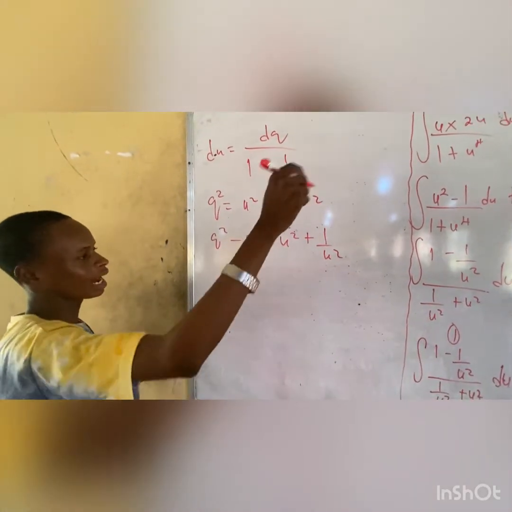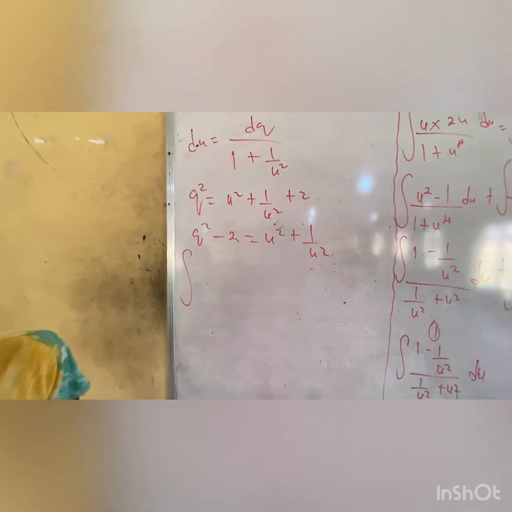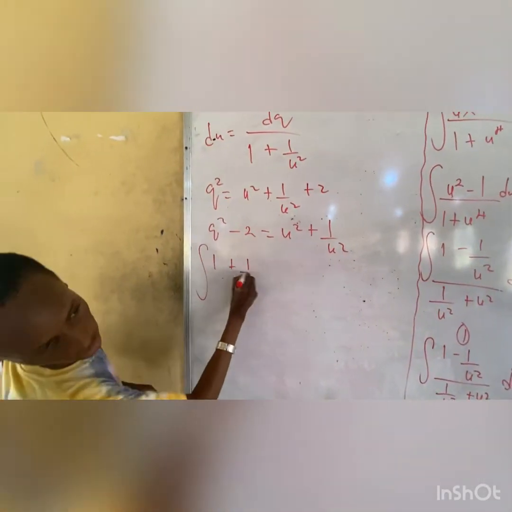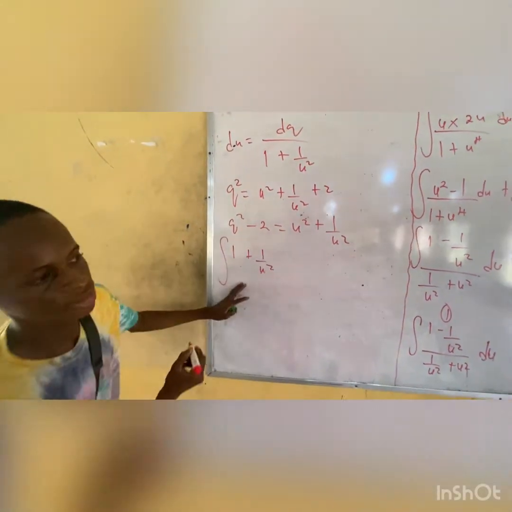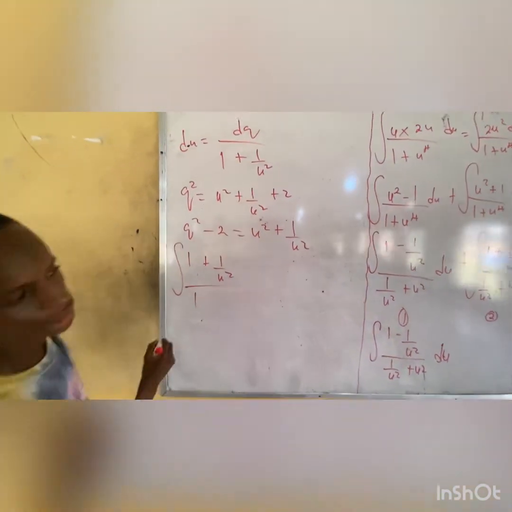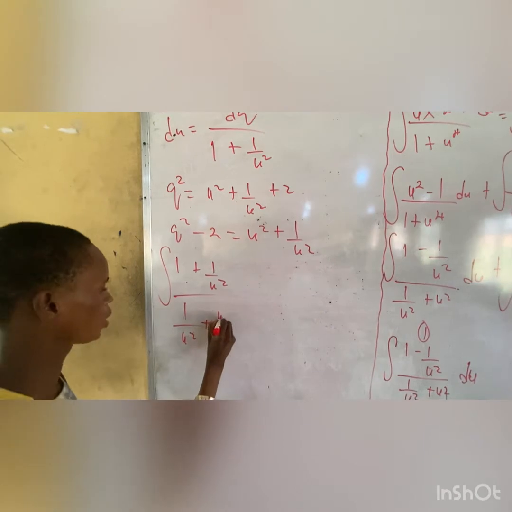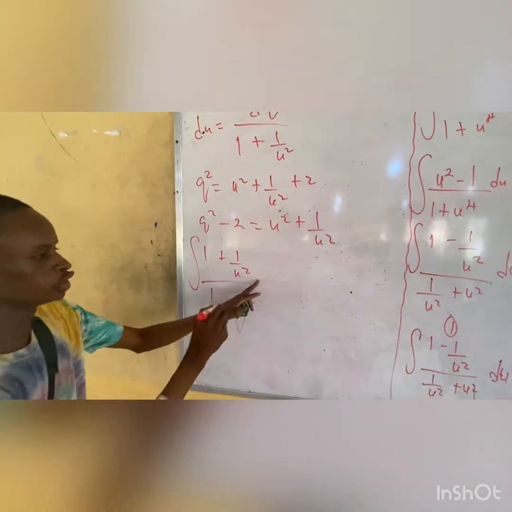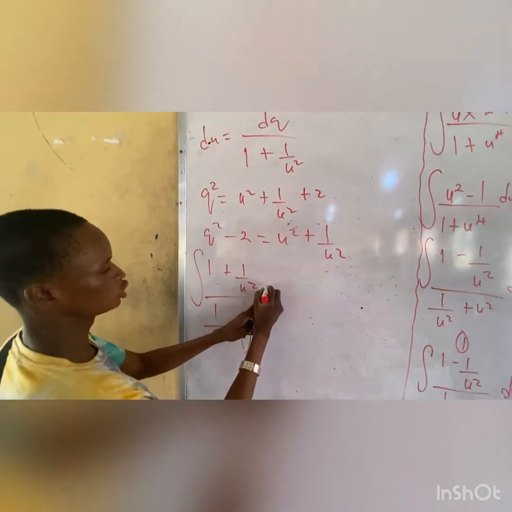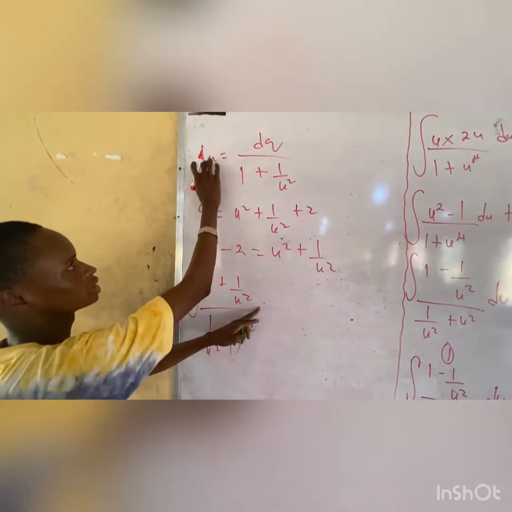Now recalling our second integral is 1 plus 1 over u squared divided by 1 over u squared plus u squared. You understand? du. So our du is what?